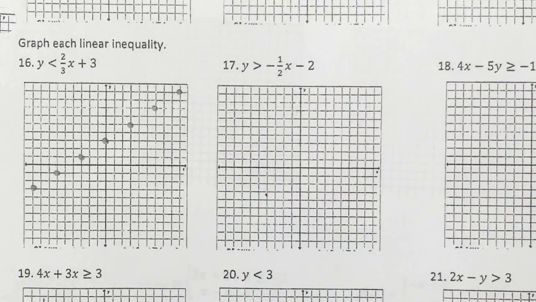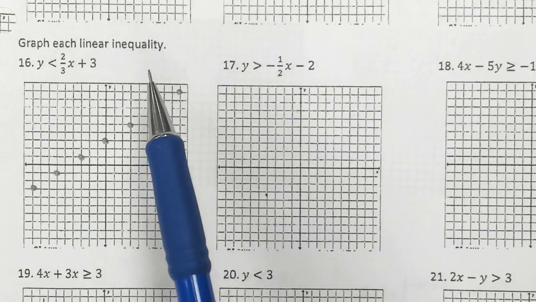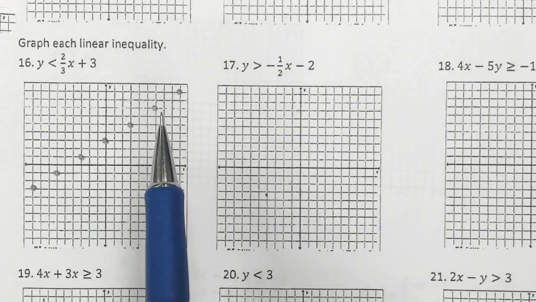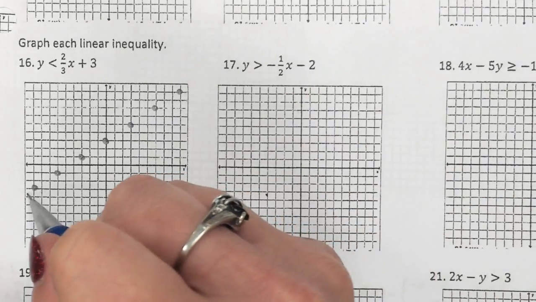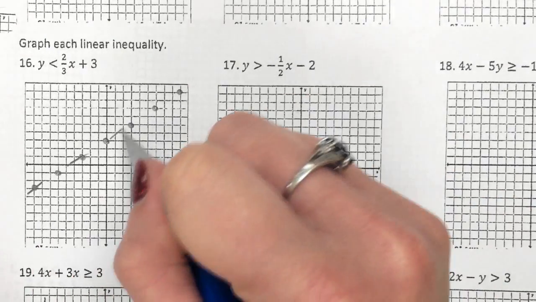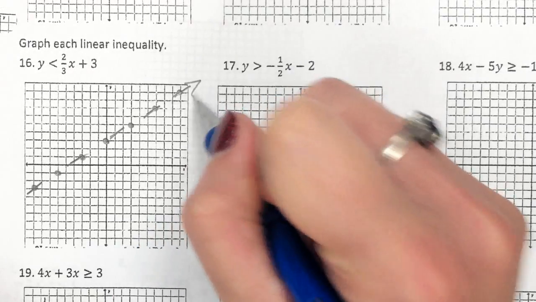On piecewise, we have open dots and closed dots. And on graphing inequalities, we have open lines and closed lines. So what kind do we have here? Open, which looks like a dotted line or a broken line, whatever you want to call it.